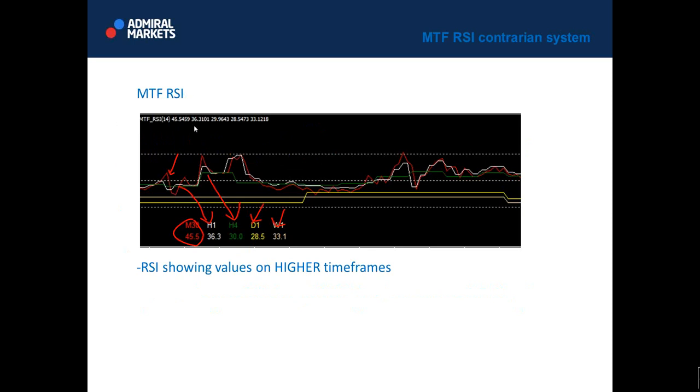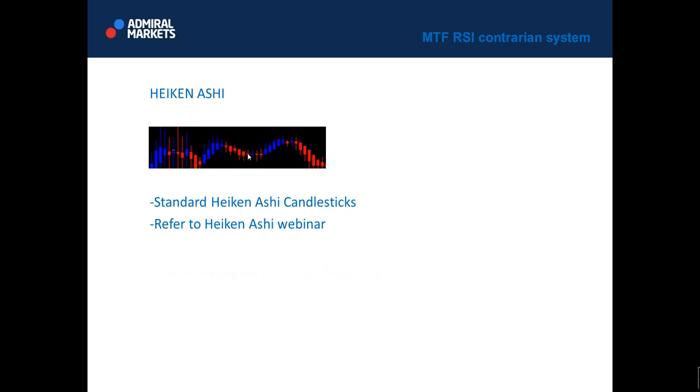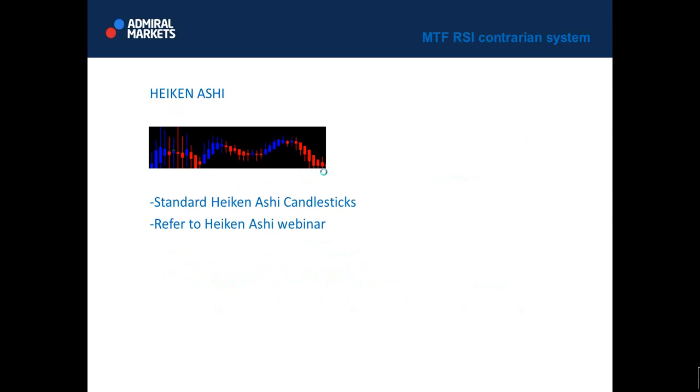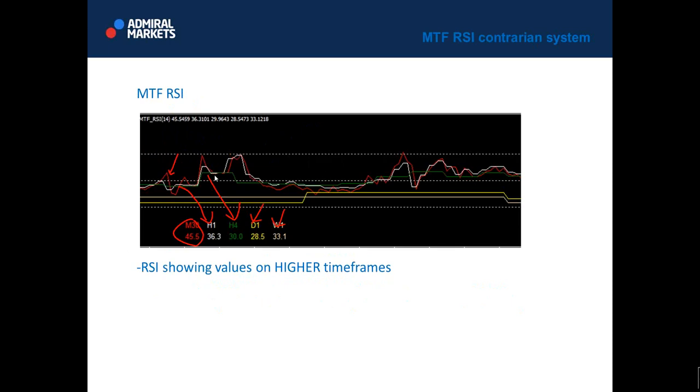But the first thing is the price needs to touch the upper bands. Okay? And then when this red line, which is RSI on 30 minutes, crosses from up to below the 1 hour, then you need to go short. If you are trading 1 hour, then the 1 hour RSI white should cross the 4 hour RSI, such as in this example.